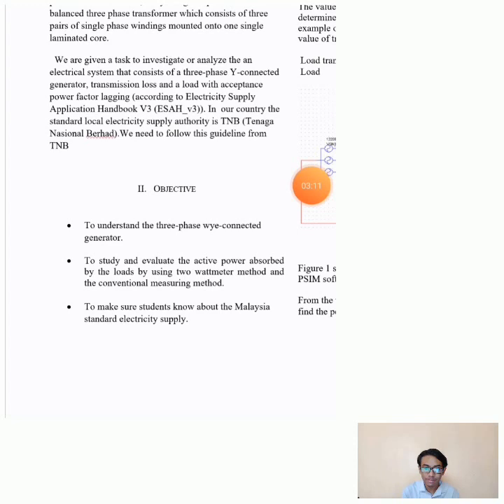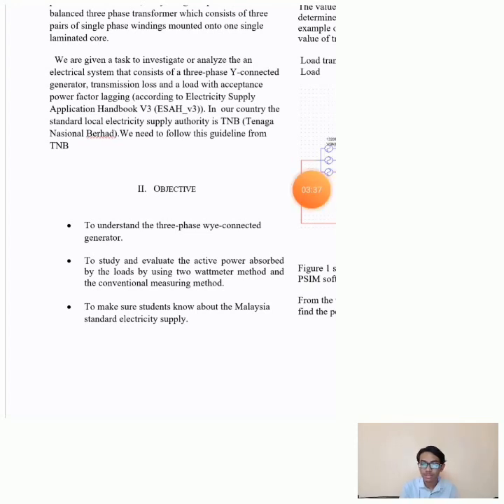The last objective is to make sure students know the Malaysian standard electricity supply, because other countries provide different electricity supply.